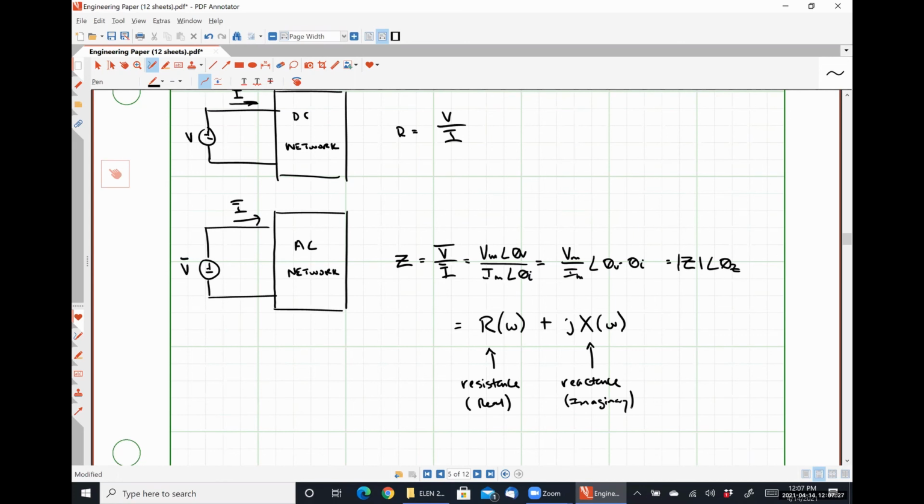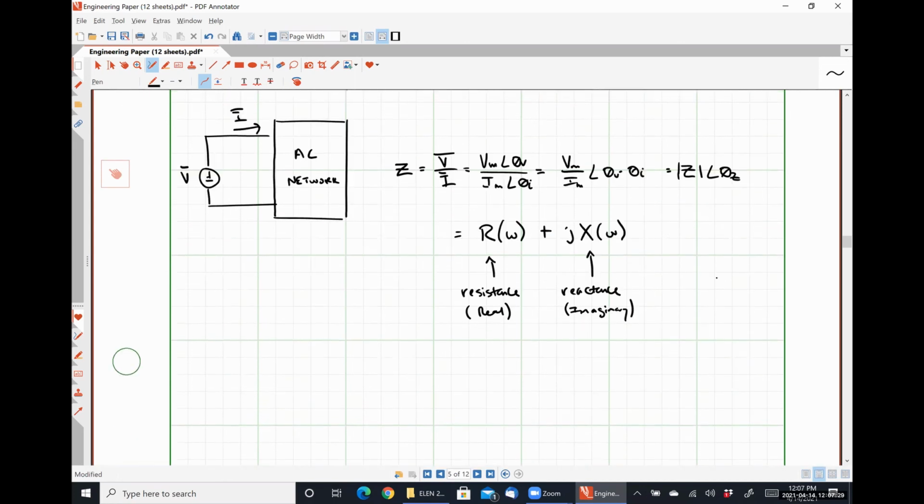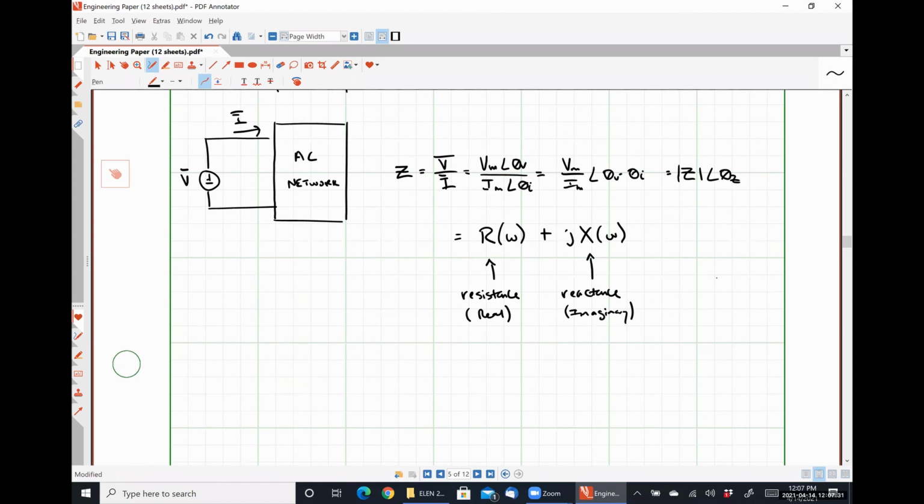And we can convert back and forth between the rectangular form and the polar form as follows. The magnitude of Z is equal to the square root of R squared plus X squared.